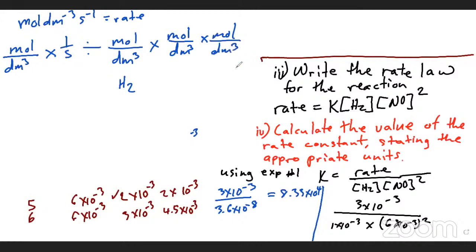So this is basically H2 times NO squared. So what I'm going to do now is flip everything on this side of the division sign. I'm switching it to multiply, and then I'm flipping everything: dm cube over mole.